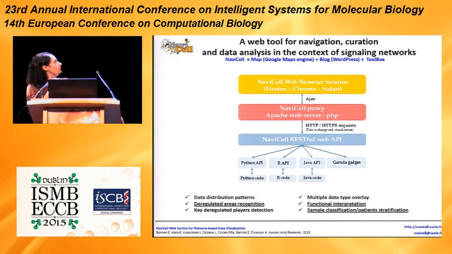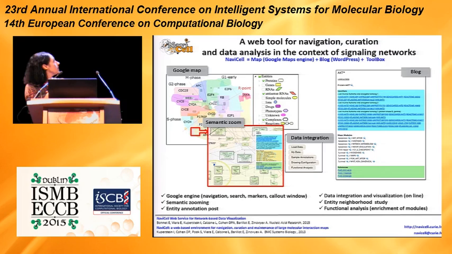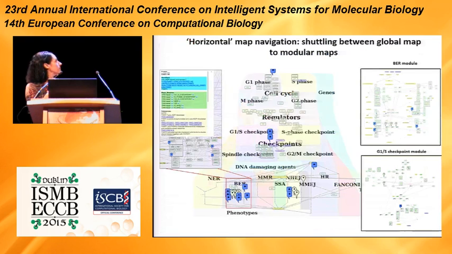It's associated with a blog, and it also contains a toolbox for data integration and analysis. In terms of navigation, the tool allows zooming in on the maps and visualizing external information on each entity in a pop-up window. We suggest several ways of navigating through these big maps.